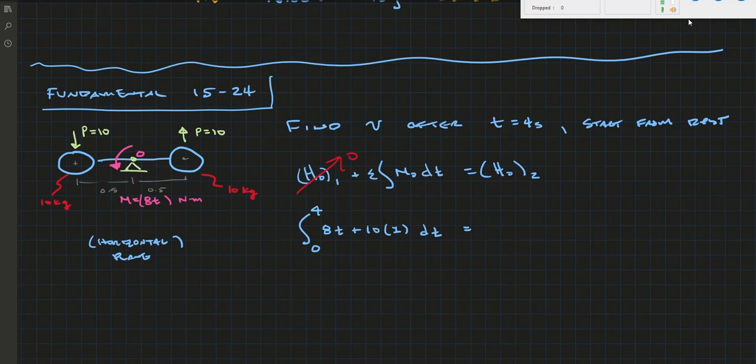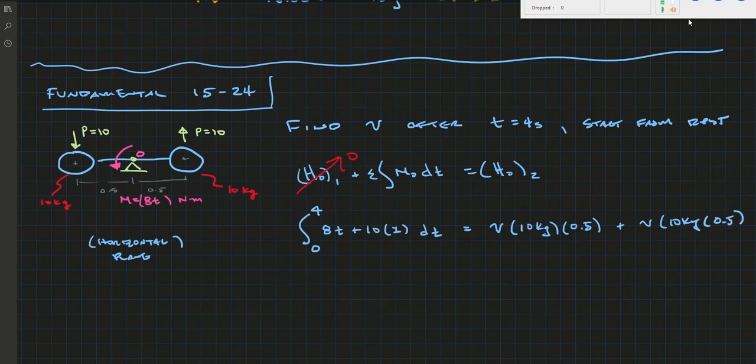Each of those balls will have a velocity perpendicular to the bar. So let's just say velocity, multiplied by the mass, 10 kilograms, and then our perpendicular distance of 0.5. That's one mass, and then the other mass is spinning in the same direction, so we will have V times 10 kilograms times 0.5.